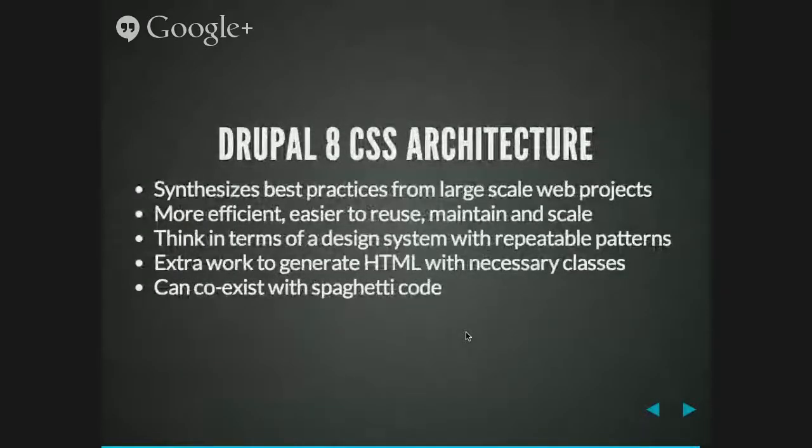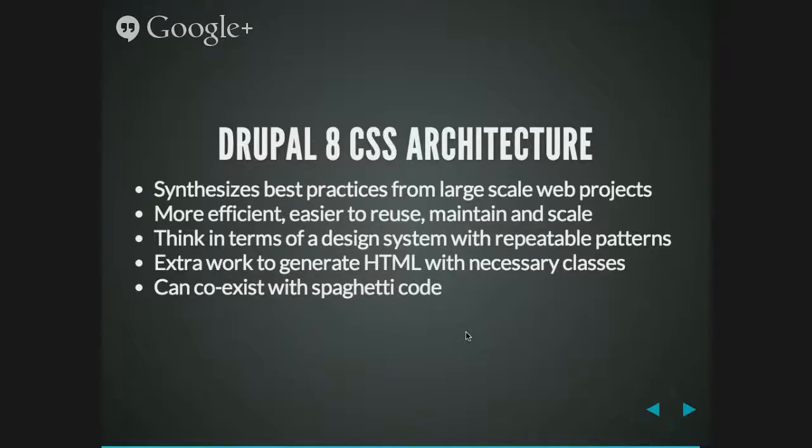So just to recap, the Drupal 8 CSS architecture synthesizes best practices that came from other web projects besides Drupal. It's great for larger scale projects, so it makes it more efficient, easier to reuse, maintain, and make bigger. You need to think in terms of a design system with repeatable patterns.